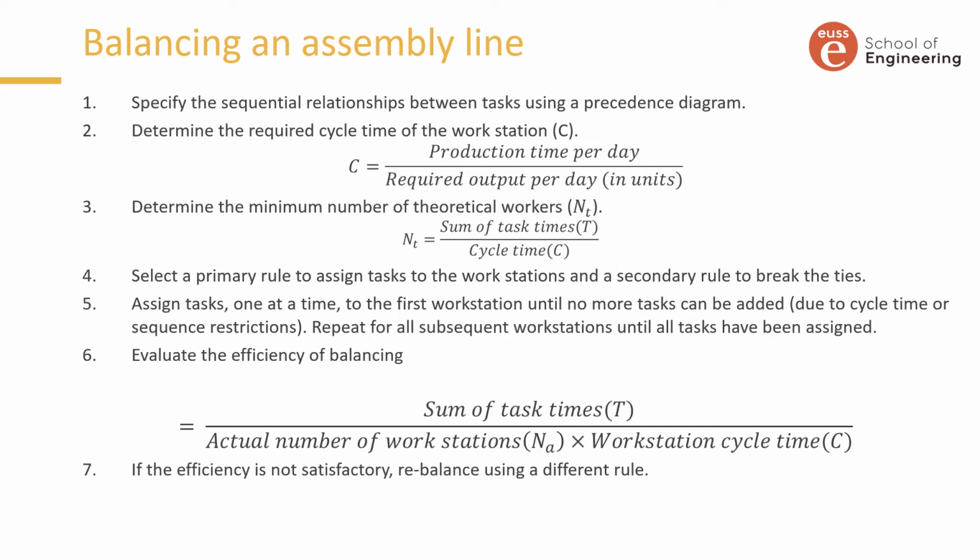Based on the assignment, we'll learn how many workstations we need, which we'll see in our example. But here, we should follow 6 different steps to balance the assembly line. The first is to specify the sequential relationships between tasks using a precedence diagram.